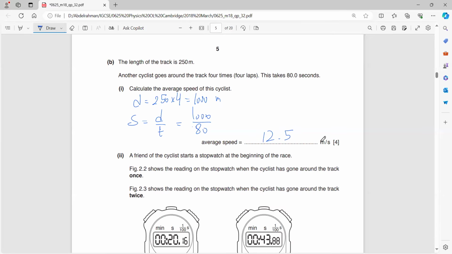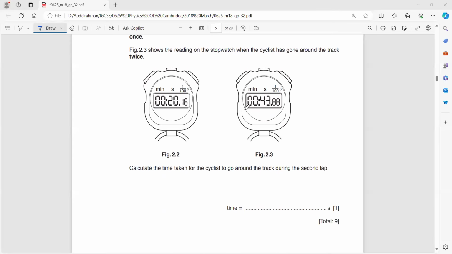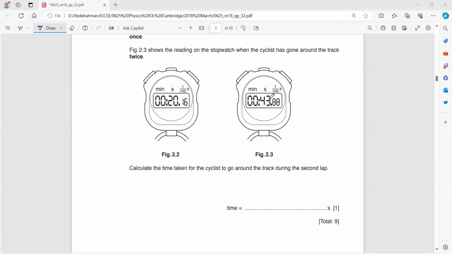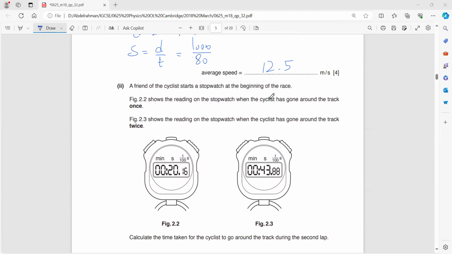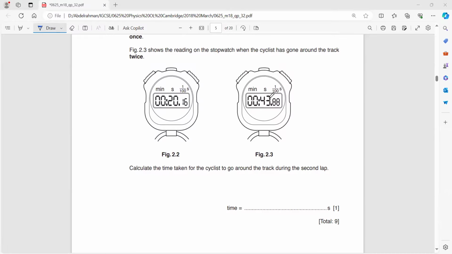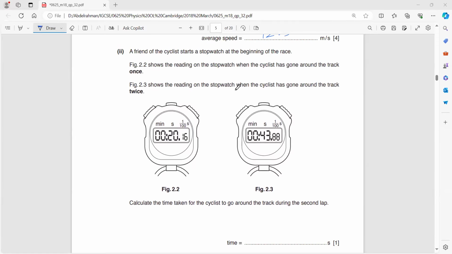You have a question? Calculate the time taken for the cyclist to go around the track during the second lap. Figure 2.2 shows the reading of the stopwatch after going around the track once.